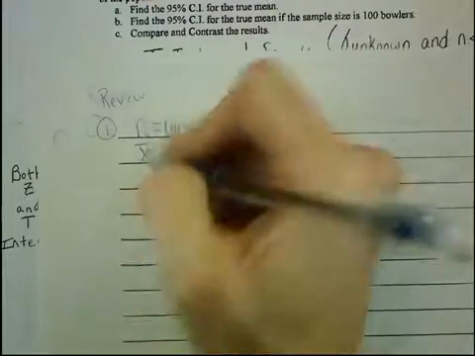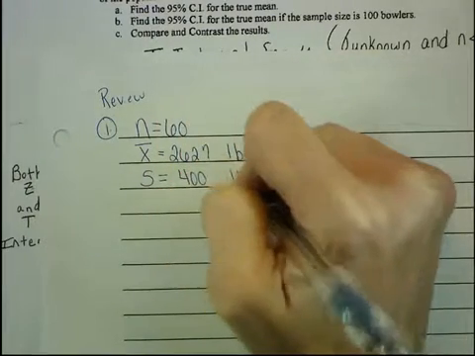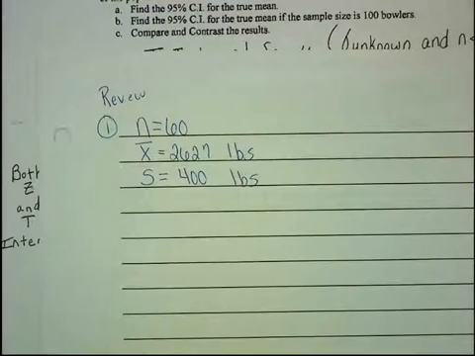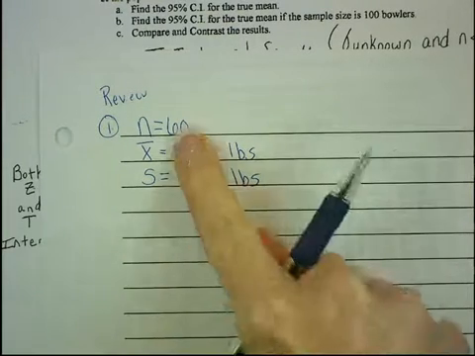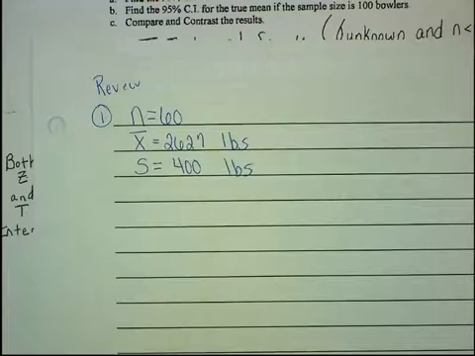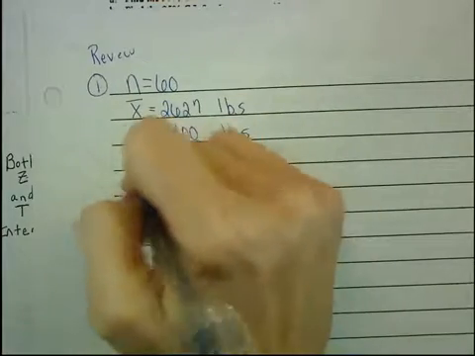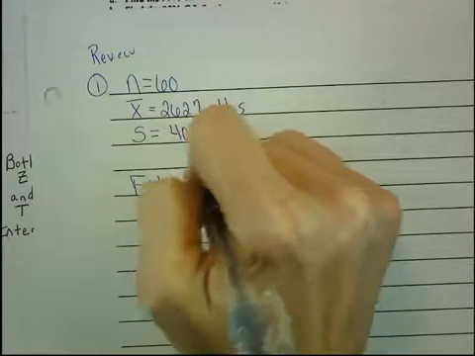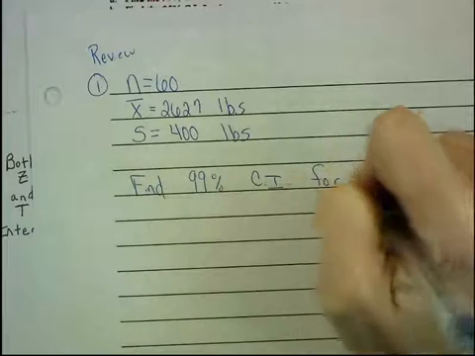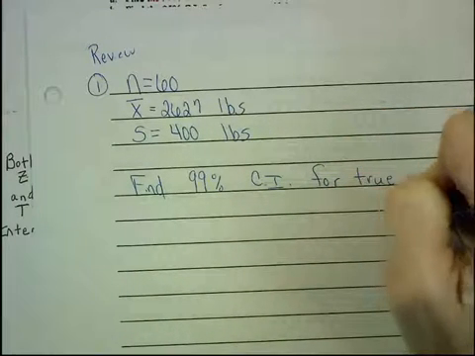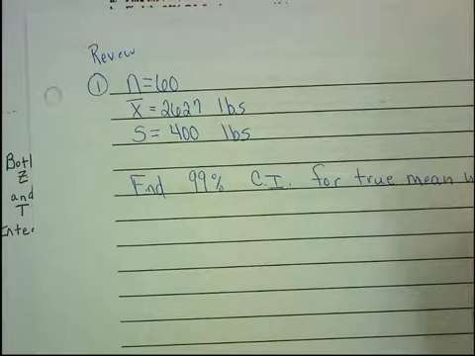So that's your S. S is given, not sigma. They said sample standard deviation. Sample mean, sample standard deviation, sample size. Find the 99% confidence interval for the true mean weight. The true mean weight, and that is mu.